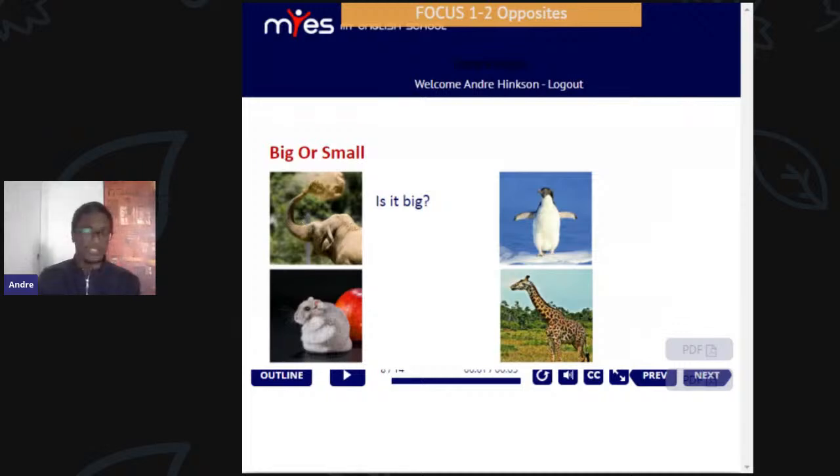Yeah, an elephant. So would you say it is big or is it small? So is it big? Is it positive answer or a negative answer? What would you say? The elephant, is it big?